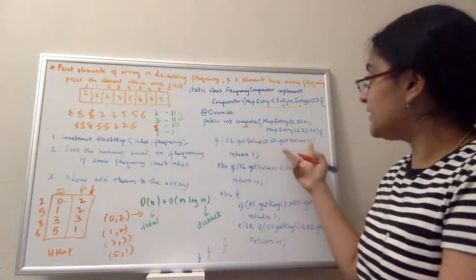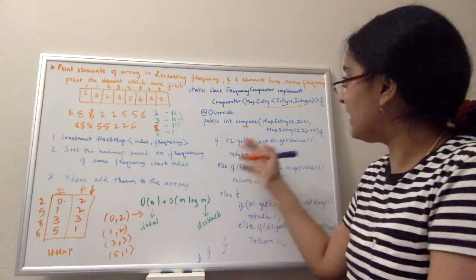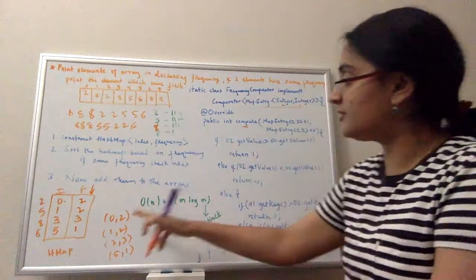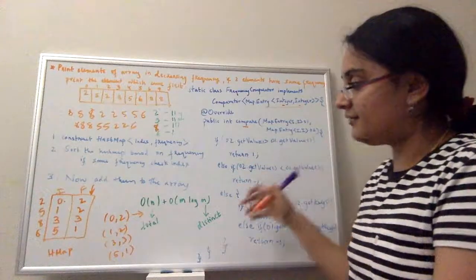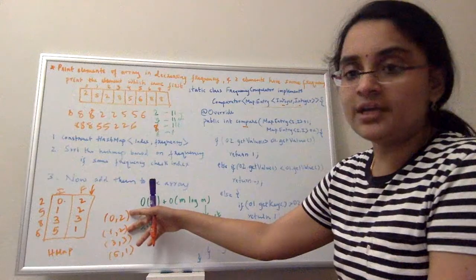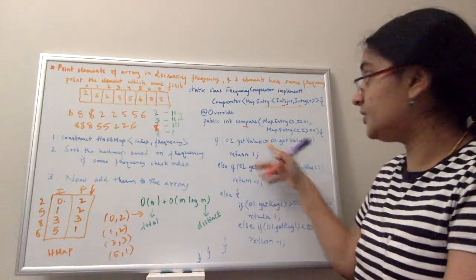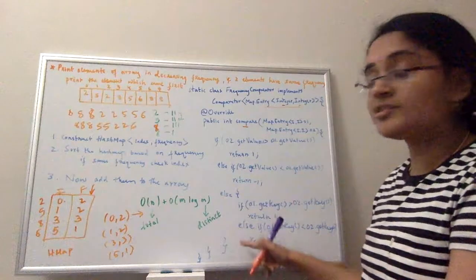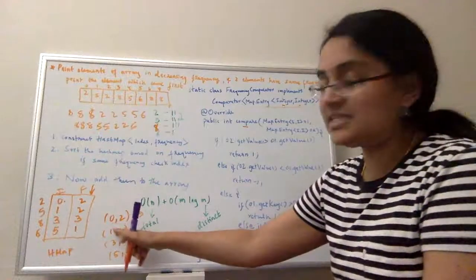So when I compare these two, my o1 will have a key and a value, and my o2 will have a key and a value. I'll compare the values of o1 and o2, and if they are both the same, neither greater nor less, then it enters the else condition, where it will check the key. My key is the index.